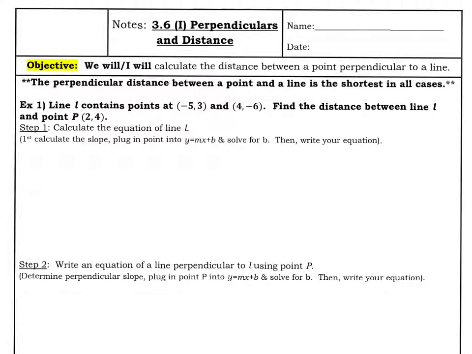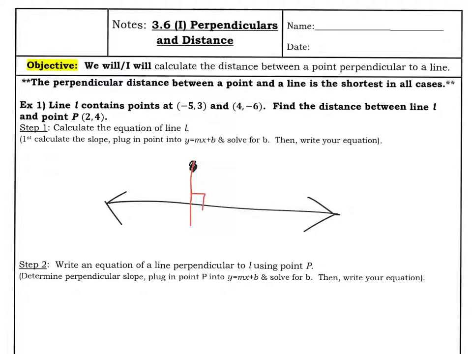The first thing I wrote at the top of the notes is that the perpendicular distance between a point and a line is the shortest in all cases. So conceptually speaking, if I draw a line and give you a point off that line, and I ask what's the distance between that point and that line, the shortest distance would be the perpendicular distance, right?